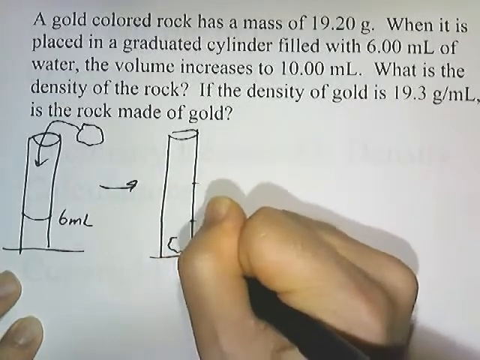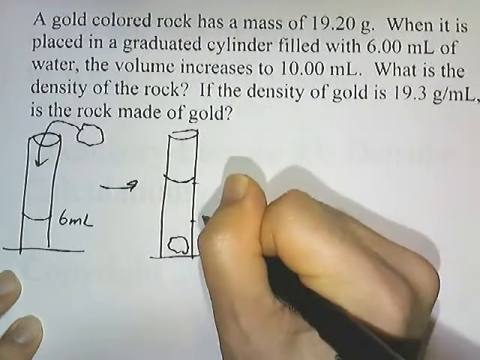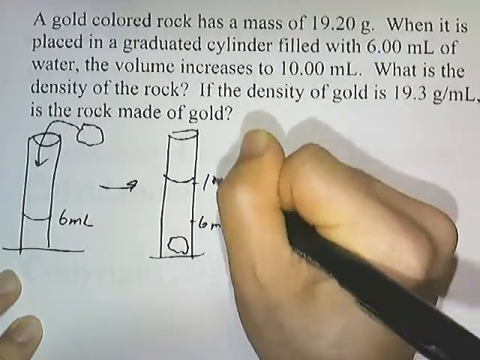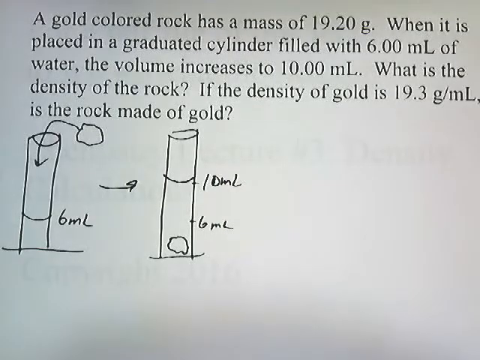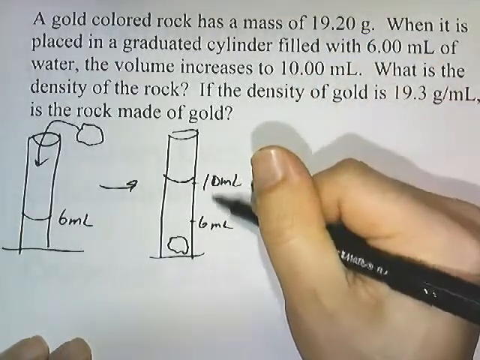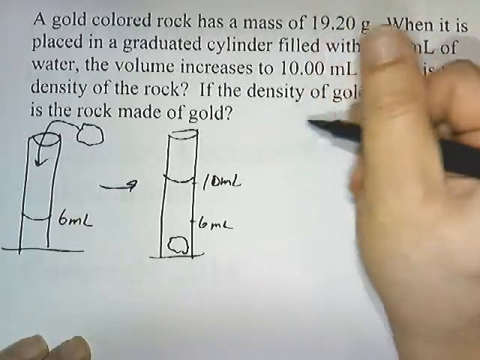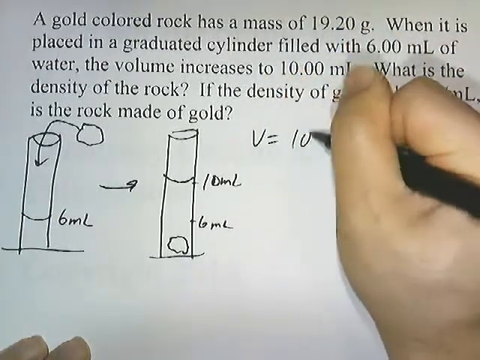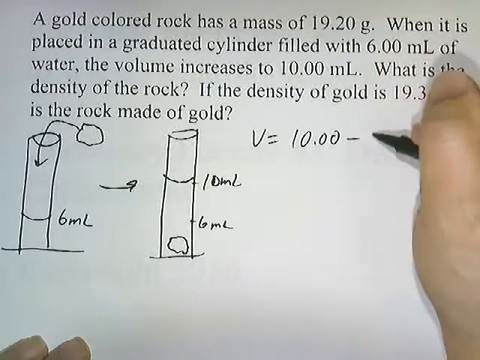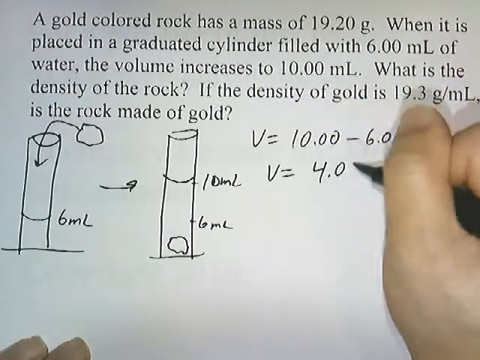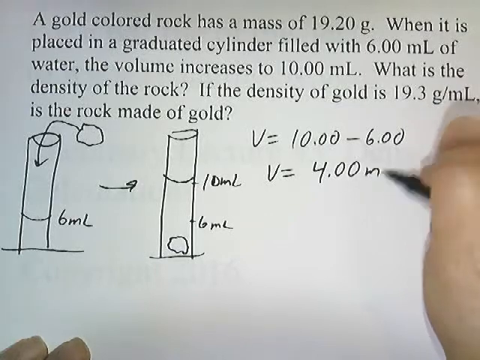So here's our rock, from 6 mils to 10 mils. Okay, so 10 minus 6 will give me the volume of the rock. So the volume is just 10 minus 6. And the volume of our rock is 4.00 milliliters.